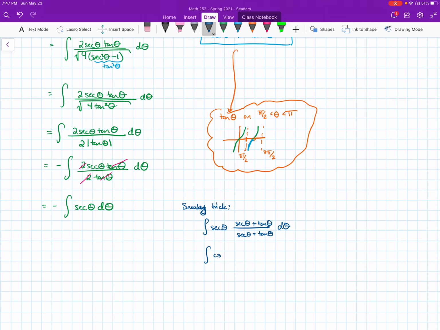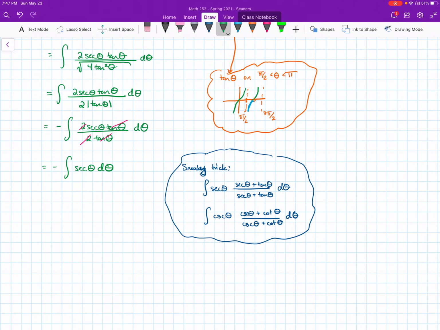I can do the same thing with cosecant theta and multiply top and bottom with cosecant theta plus cotangent theta. So that's how you can integrate those functions. So let's do that with the secant theta so you can see what happens.